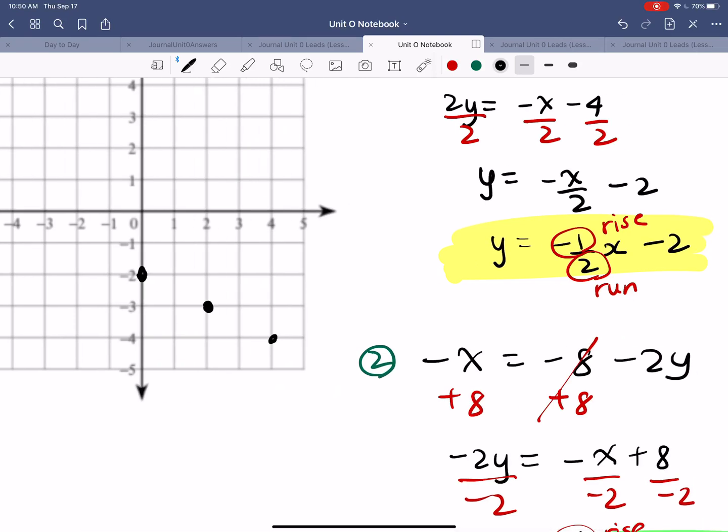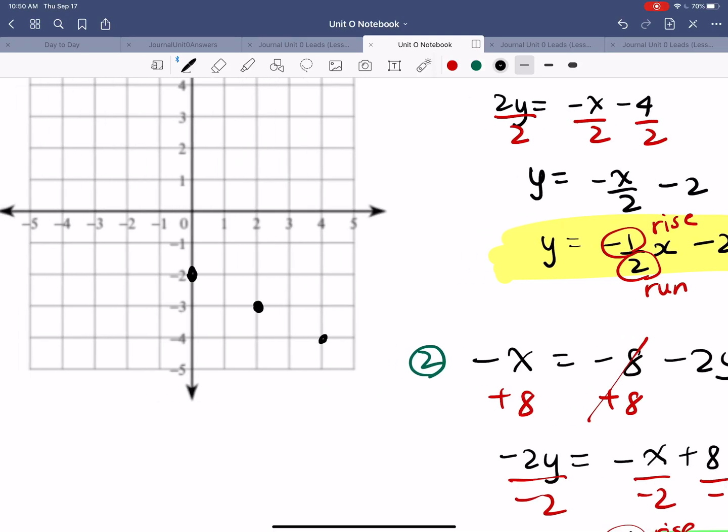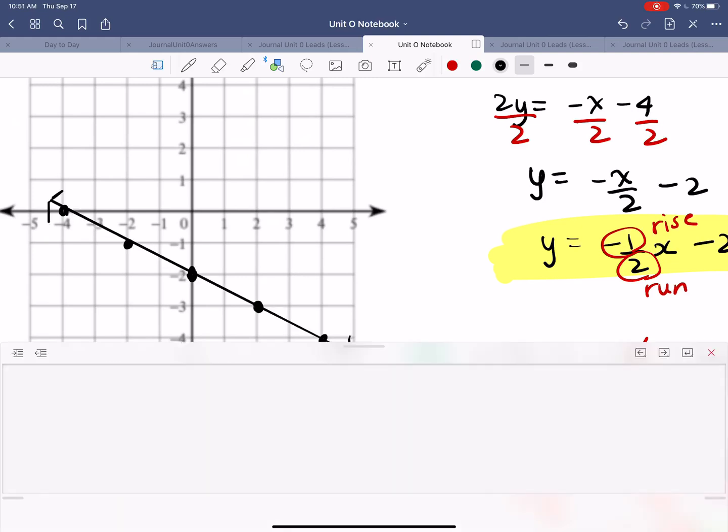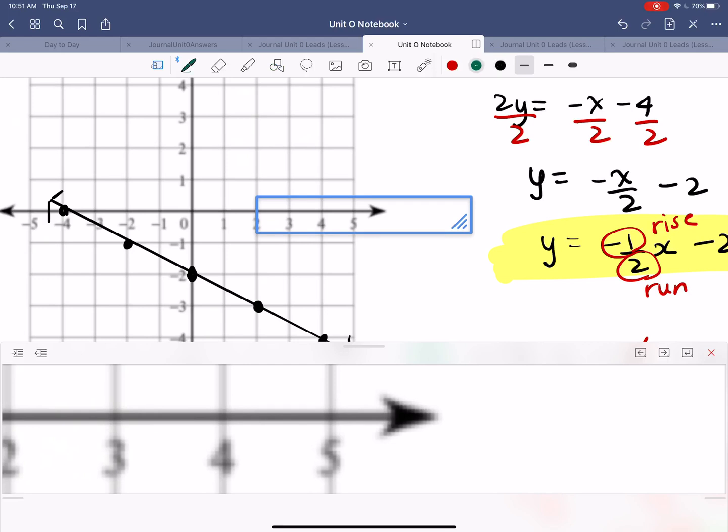So you're going to rise 1 and go left 2. You're going to kind of do the opposite of what you did. You're going to go up 1, left 2. Going to draw that line. Okay. And draw the arrows. And that represents equation 1.